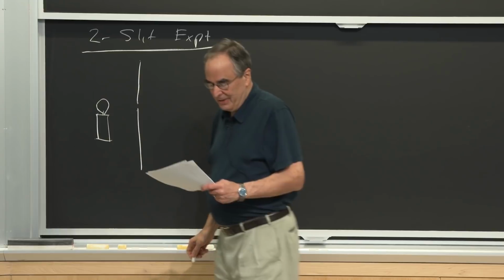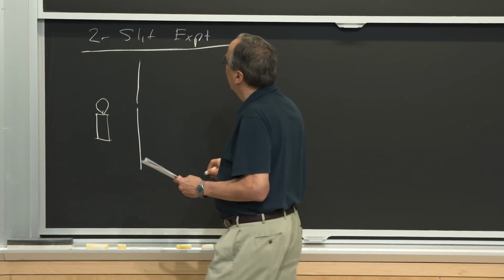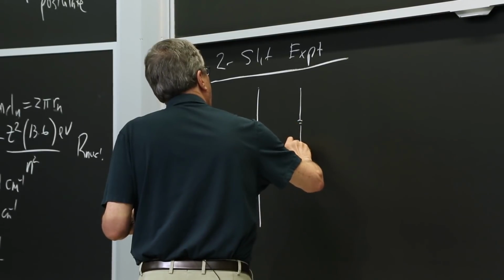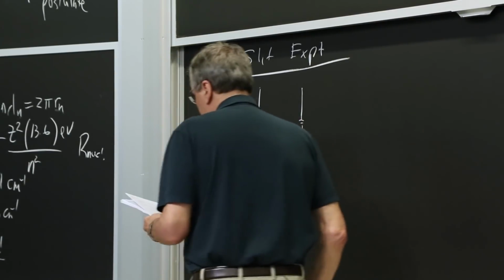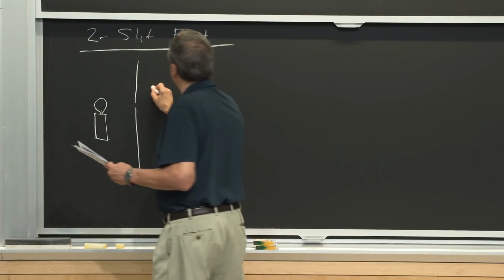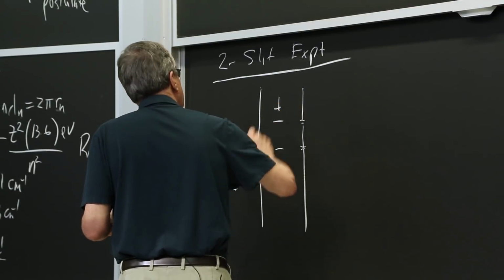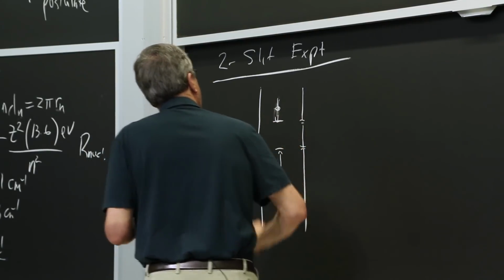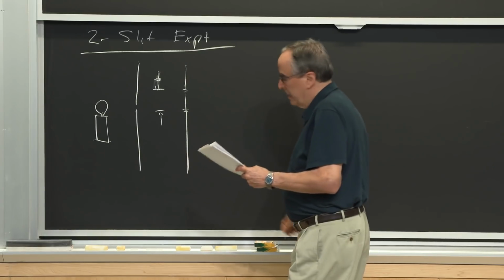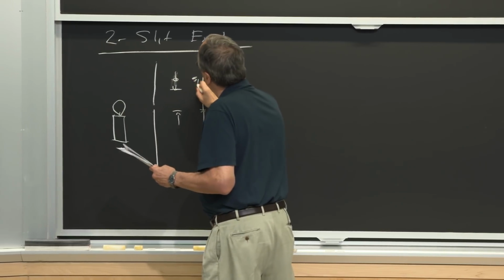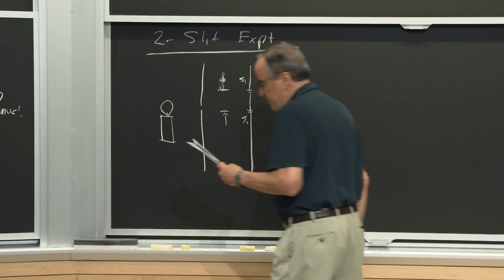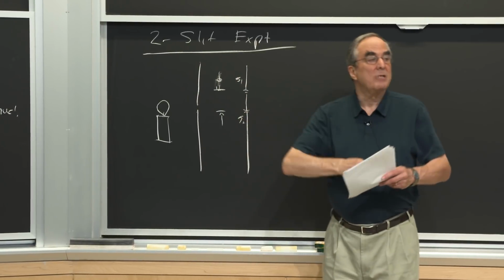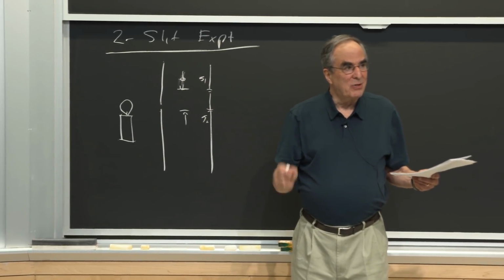It's a candle here, and then we have two slits, and the slits are separated by a distance d. And so this is the first slit, S1, and the second slit, S2. And the distance between them is much larger than the width of each slit.